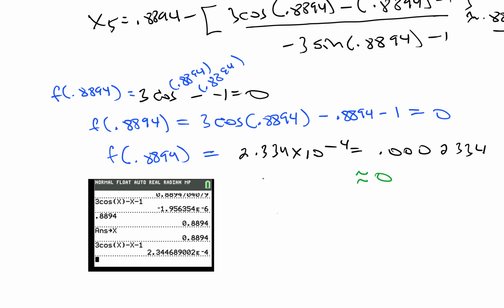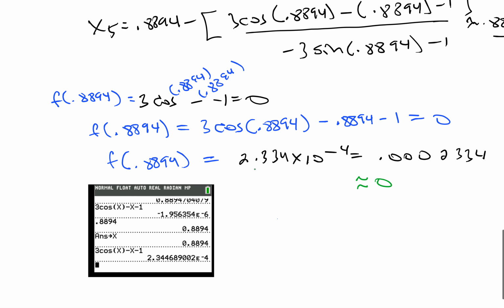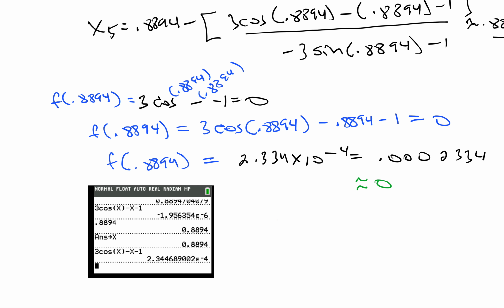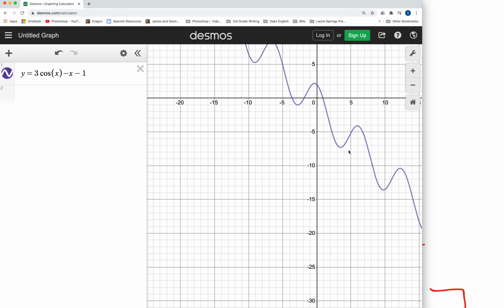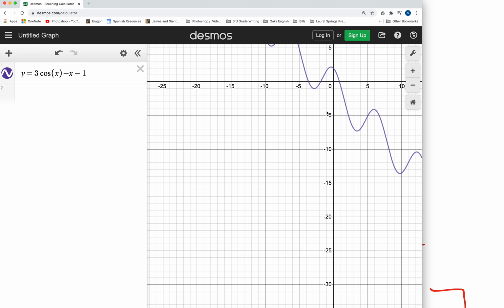So we're going to plug straight into Desmos to actually see how many zeros we actually have. And we actually can see it from right here. We have that one, and that one.